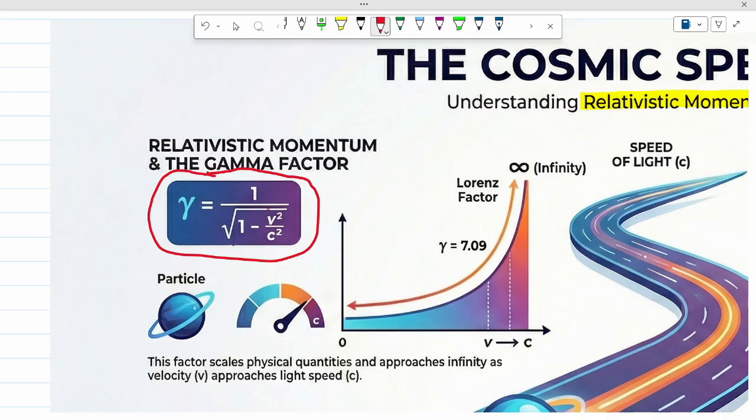This gamma factor goes as 1 over the square root of 1 minus the speed of the object squared divided by c squared, the speed of light. Or, as you have seen me write in other lectures, you can write it as 1 over the square root of 1 minus beta squared, where beta is the speed that you measure as a fraction of the speed of light.